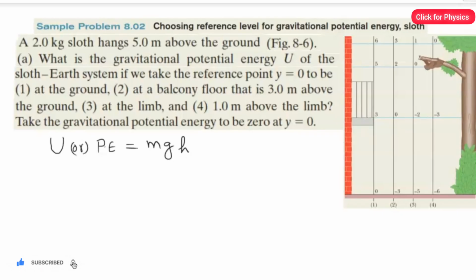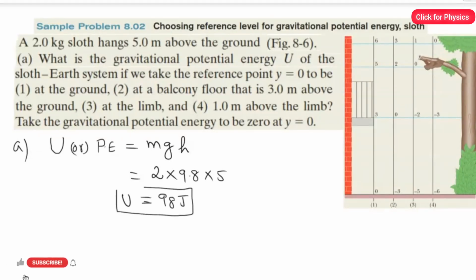So what we have to do, we have to find the answer for the first part by substituting the value. The mass of the sloth is 2 kilogram multiplied by 9.8, and from this reference point to this position of the sloth, which is 5 meters, so the height from the reference point is 5 meters. So here we got the answer as 98 joules. So this is the answer for the first question.